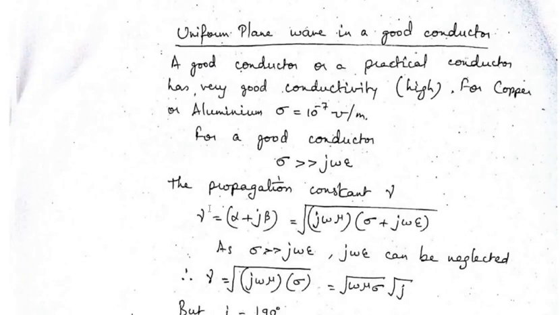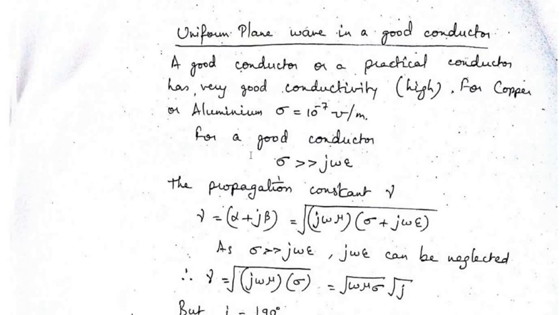Then we need to solve for the uniform plane wave in a perfect conductor or a good conductor. So if you see, a good conductor means it has very high conductivity or maximum conductivity. So this is the value for copper or aluminium, that is a conductivity of 10 raised to 7 mhos per meter.